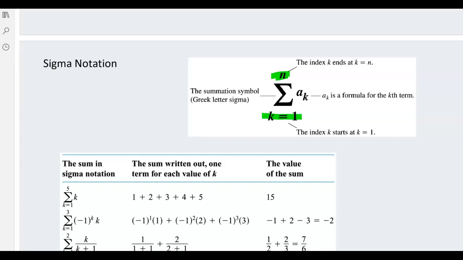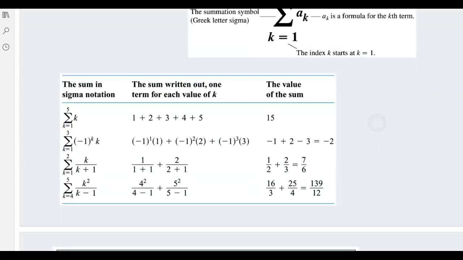We're usually using integers, so I might be going between, let's say, 1 and 15. So 15 might be here at the top, and I'm entering k is 1, and then k is 2, k is 3, all the way up to 15. Here is the formula that we'll be plugging those numbers into to determine what we're adding together.